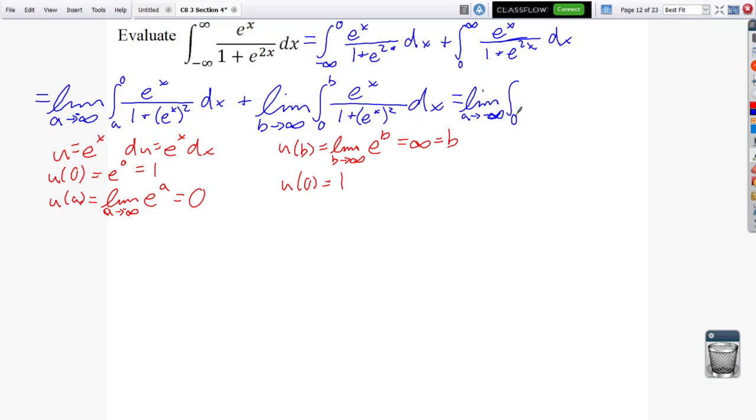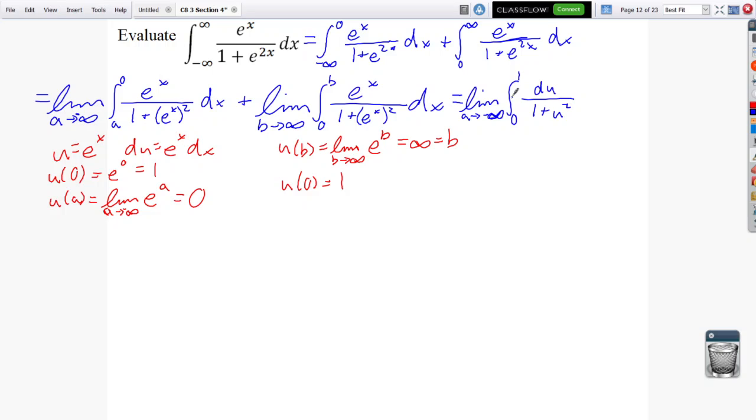Okay. 0 to what was once 0 is now going to become 1, of e to the x dx becomes du. So du over 1 plus e to the x becomes u squared. All right, nice.